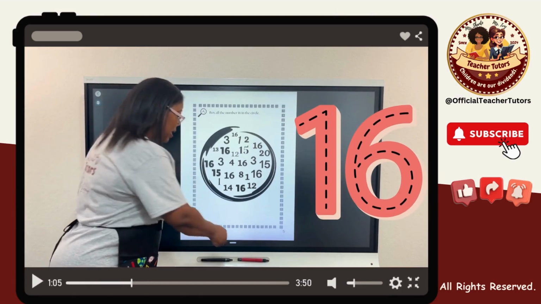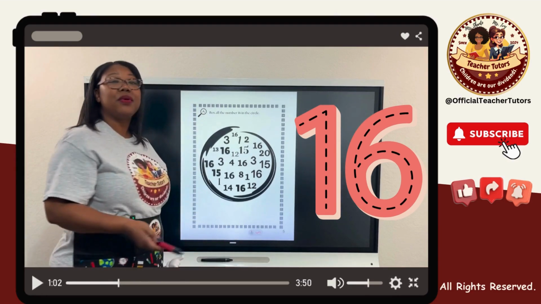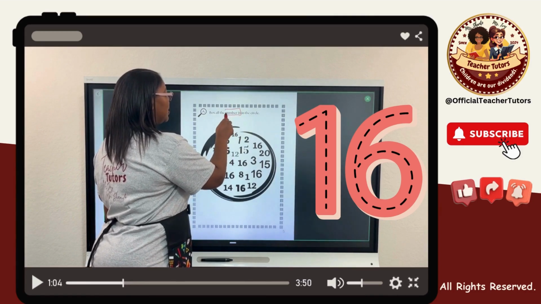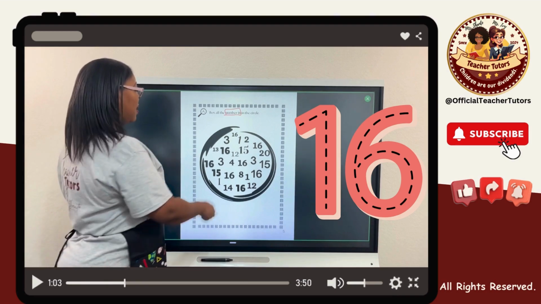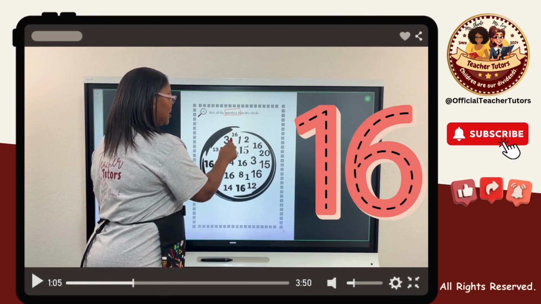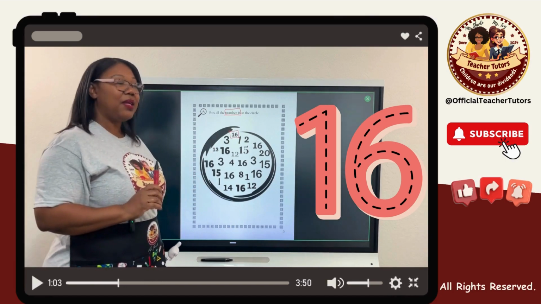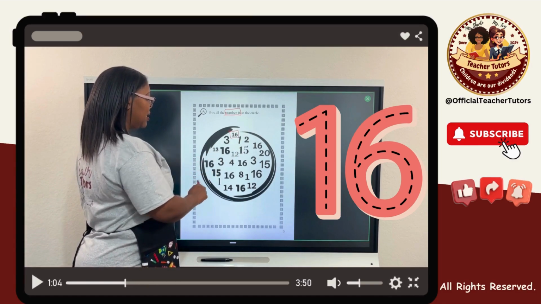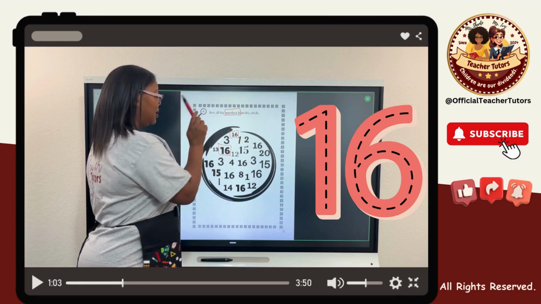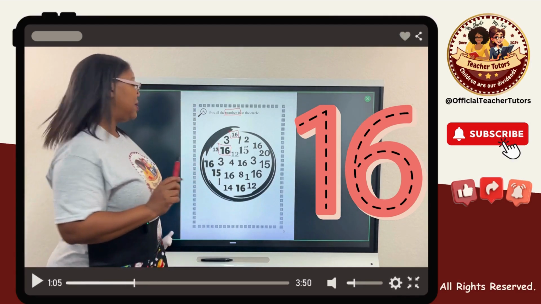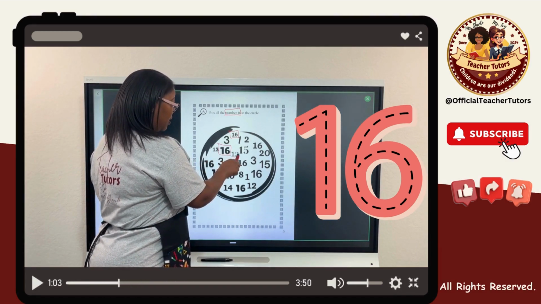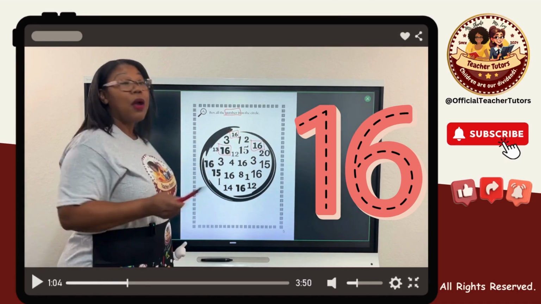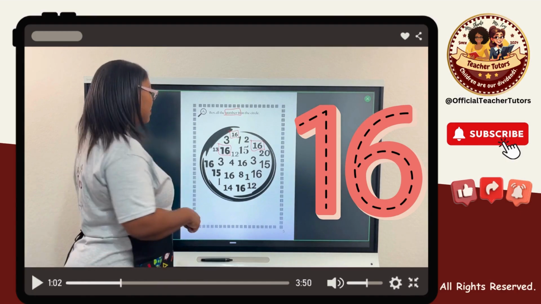Now we're going to go ahead and box all of the numbers in our circle that are the number 16. So 3, 16, go ahead and box that. 1, 2, 13, 16, box your number 16. 12, 15, yes, 16, box number 16.